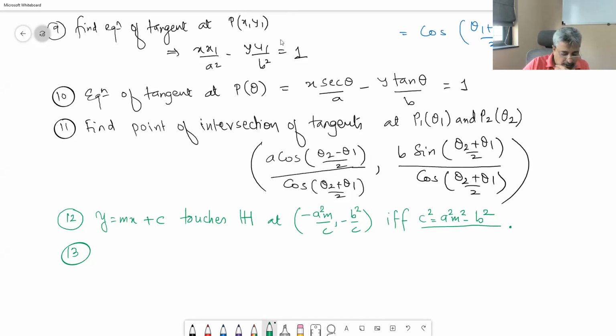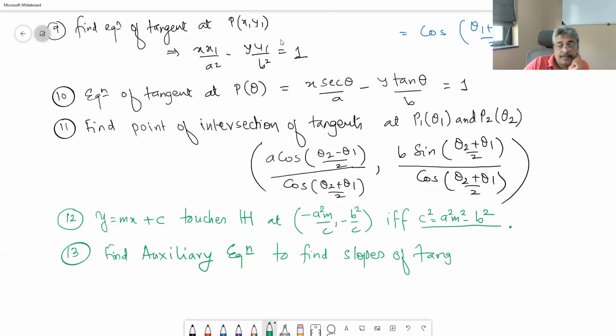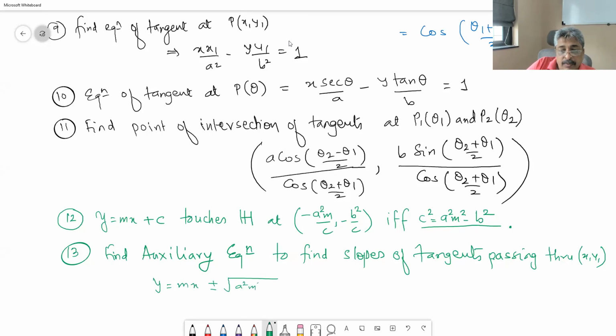Find the auxiliary equation, to find the slopes of tangents passing through (x1, y1). The line is y equals mx plus or minus root of a square m square minus b square.